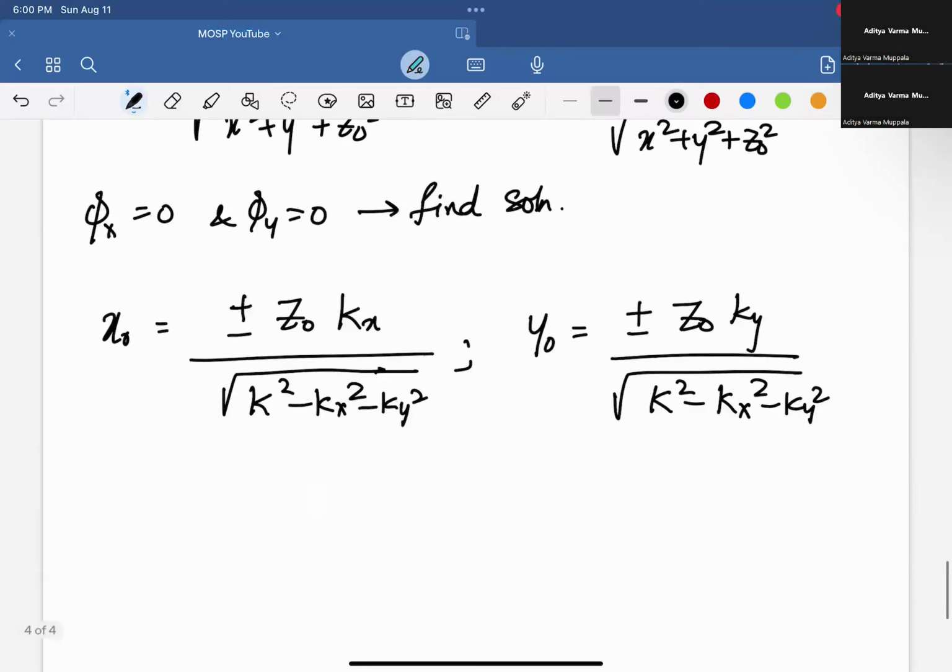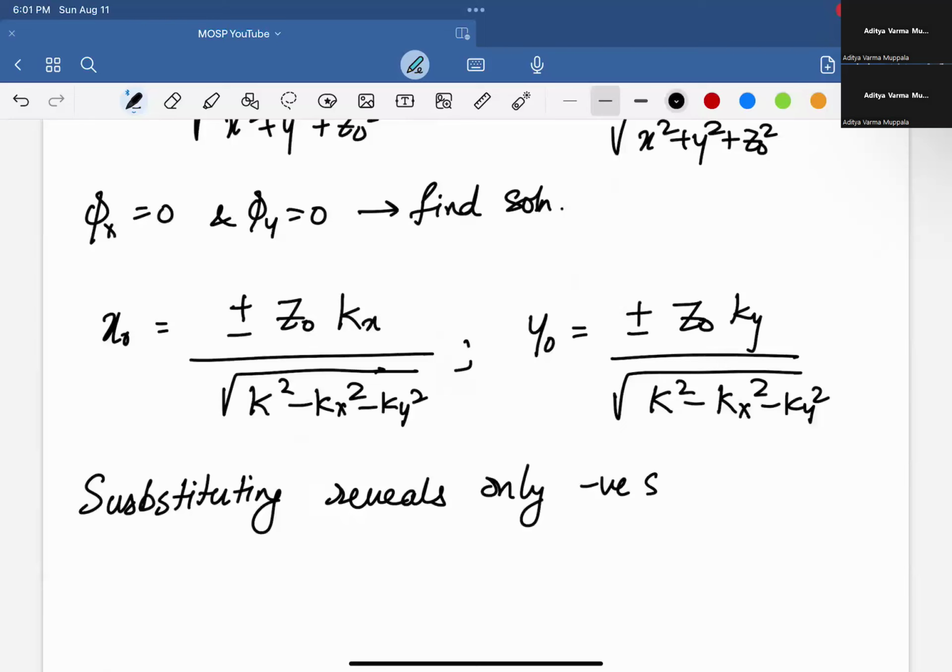Now upon substitution, you'll see that only the negative solutions are real. So substituting reveals that only the negative solution satisfies phi x equal to phi y equal to 0.